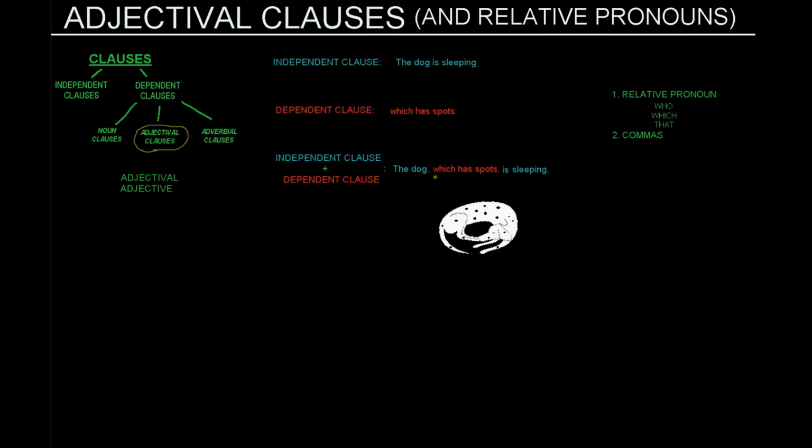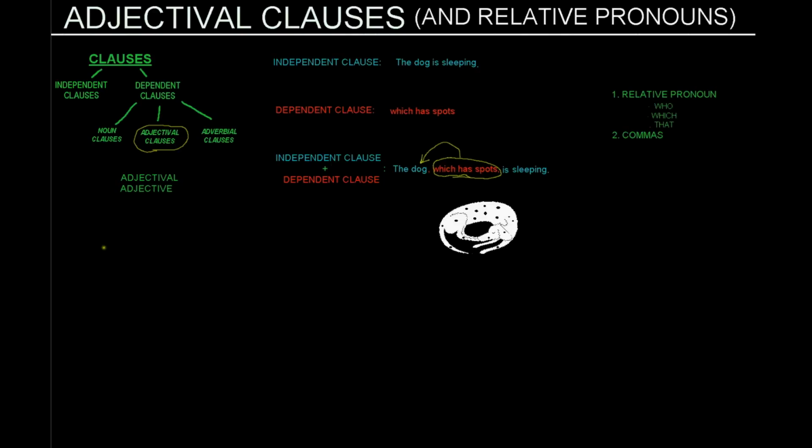This type of dependent clause acts a lot like an adjective acts. If you'll remember, an adjective modifies a noun, it gives you more information about it. That's what adjectival clauses do. It modifies the noun and gives you a little bit more information. So we have the dog is sleeping, but now we know that the dog also has spots.